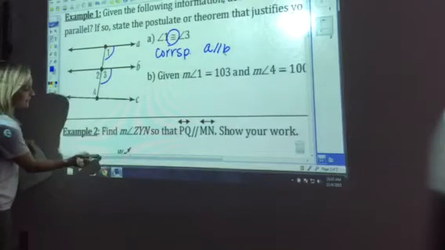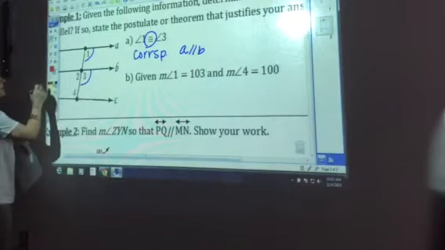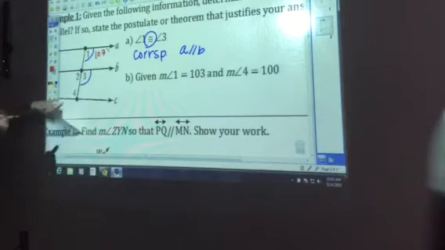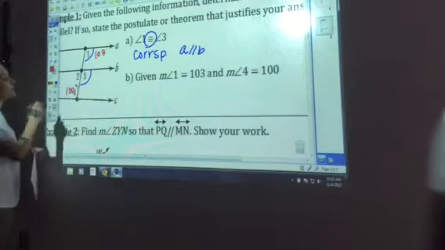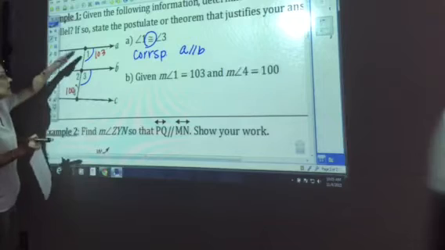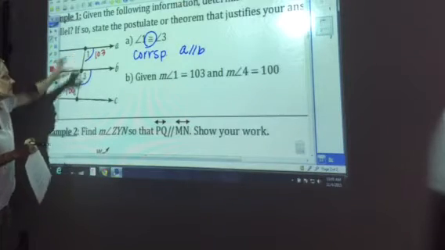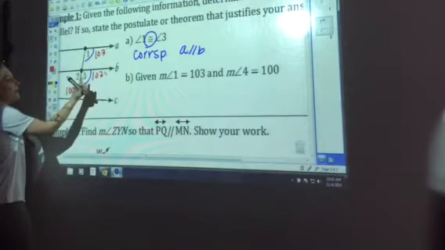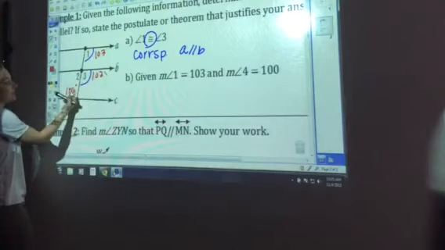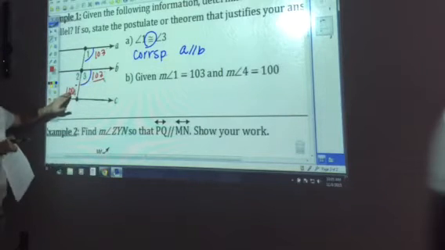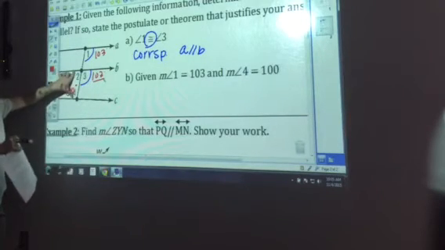Okay, the next one, B, says that angle 1 is 103, okay? And angle 4 is 100, okay? First of all, they're not congruent, okay? Because I know 1 and 3 are congruent, these two lines are parallel. If I say that, then 103 has got to be angle 3 as well. These two angles are alternate interior. These are not the same. So regardless, if I said that the alternate interior angles, they would have to be congruent in order for these two lines to be parallel as well.